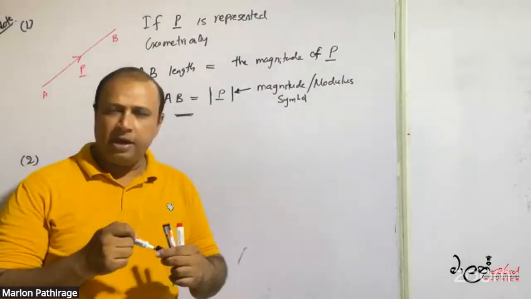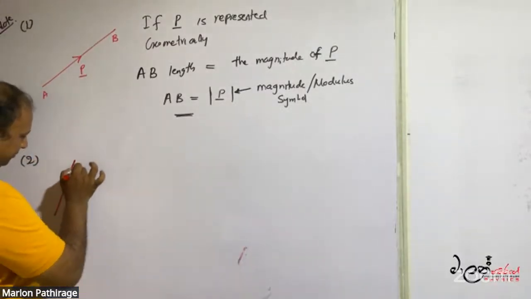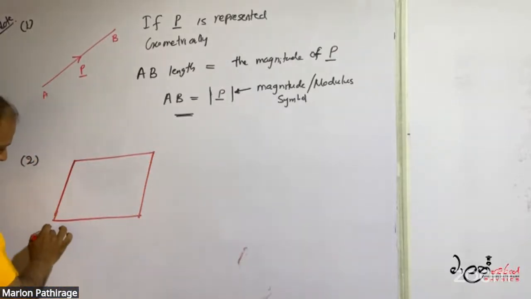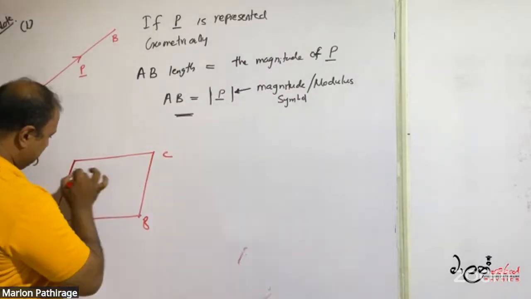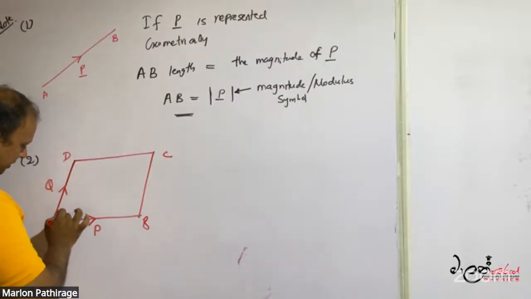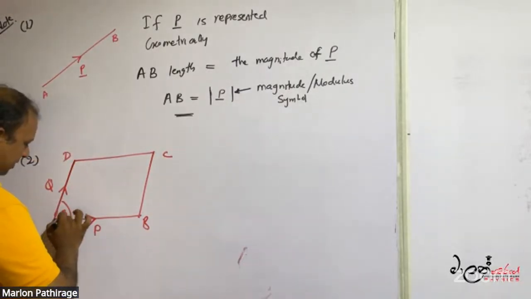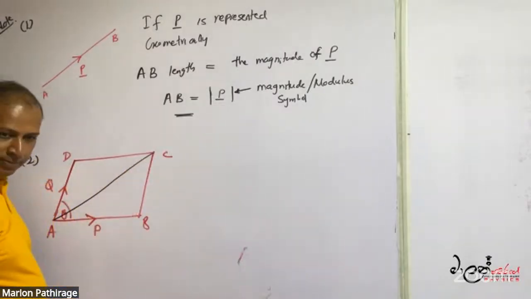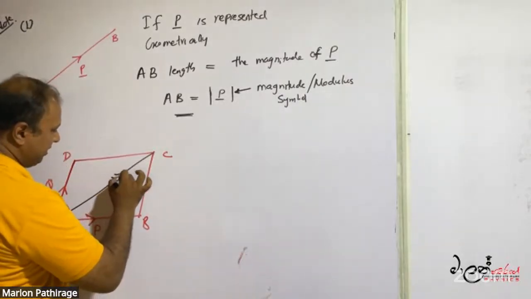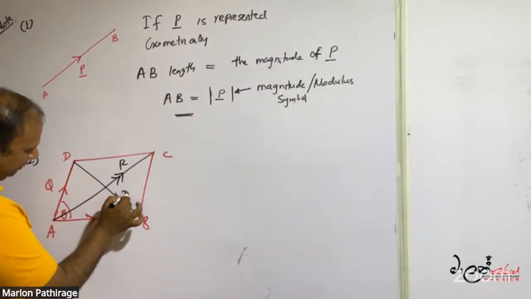If you draw a vector parallelogram, suppose this one is A, B, C, D, this vector is P, this vector is Q, and this angle is theta. From this diagonal we can determine the resultant vector, and from this other diagonal we can determine the difference vector.